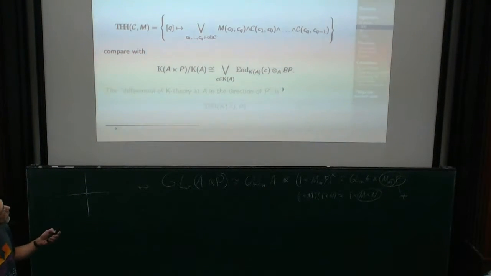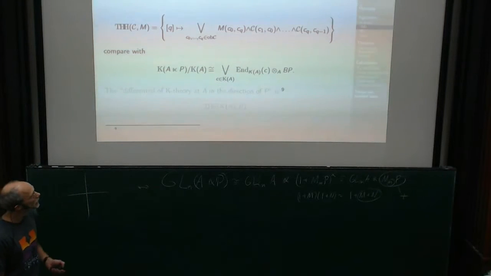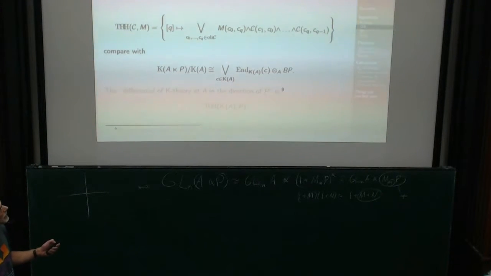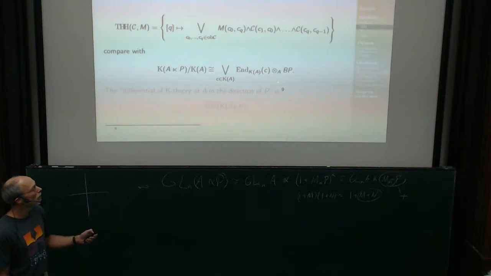But I want you to compare it with the tangent space of algebraic K-theory, K of A plus P divided by K of A. That is the wedge over some category, admittedly a spectrum of categories, and then some bimodule here.